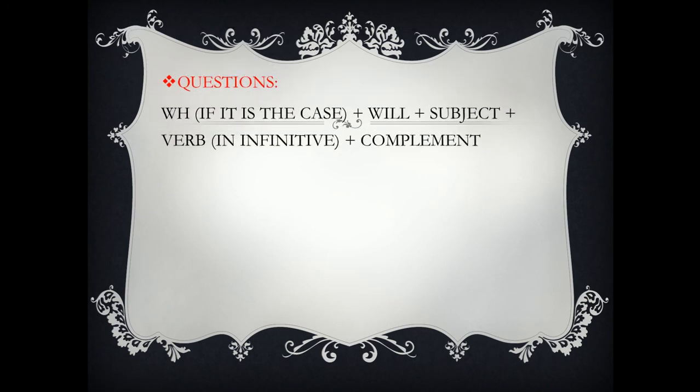Let's go for the questions. Questions. Again, remember we have WH questions and we have yes/no questions. So WH questions if it is a case, and will, subject, verb in infinitive, and complement. Let's see.